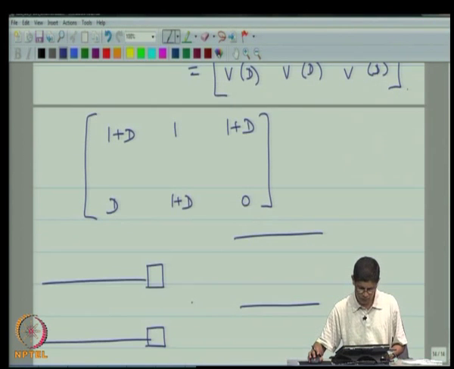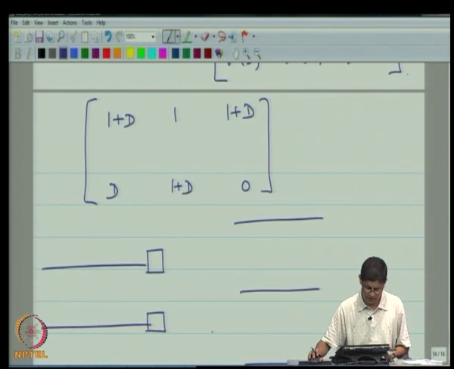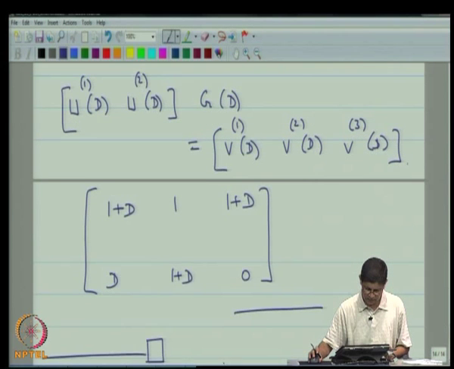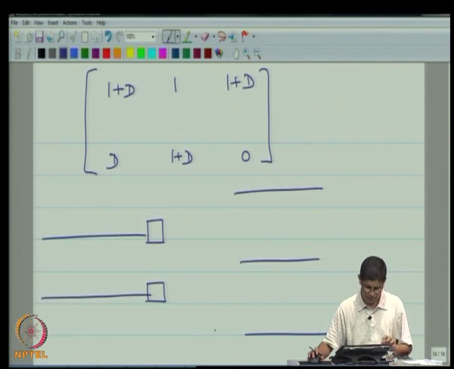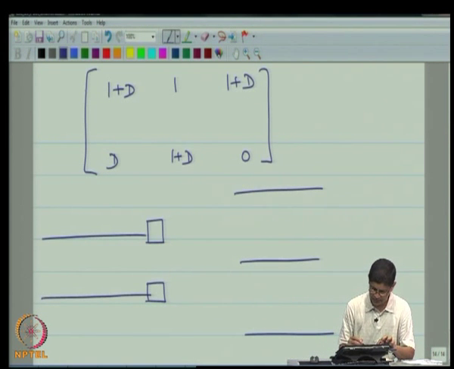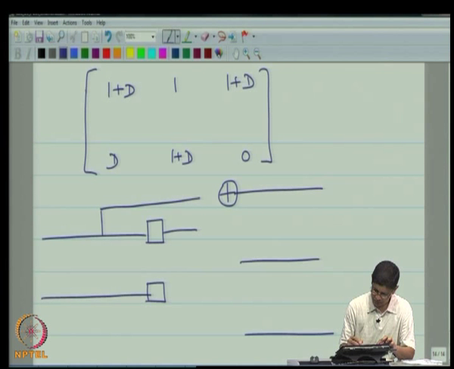Okay. So, if you look at this, the first output is 1 plus D times the first input plus D times this. So, here you will derive inputs from before and after the shift register and also the delayed output here.